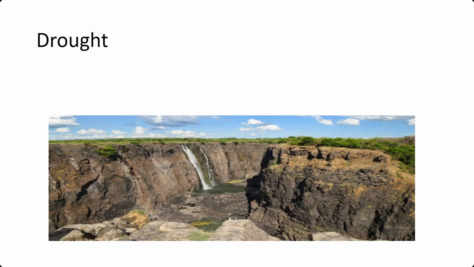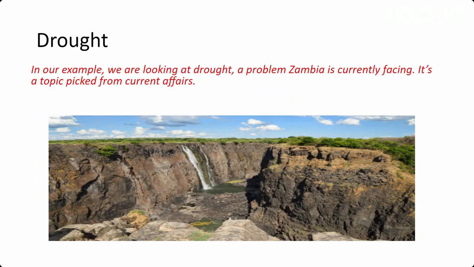So we need to learn a lot from drought, and it's a good research topic which may benefit quite a number of people in the respective areas. Like I've said, I picked it from current affairs.